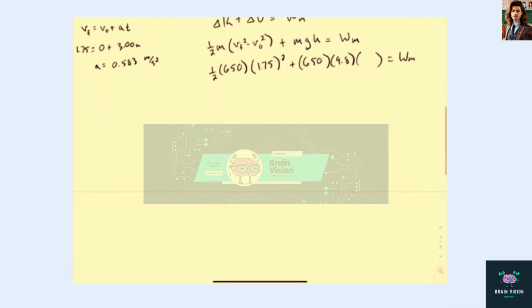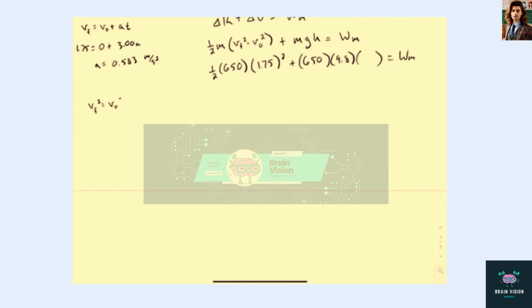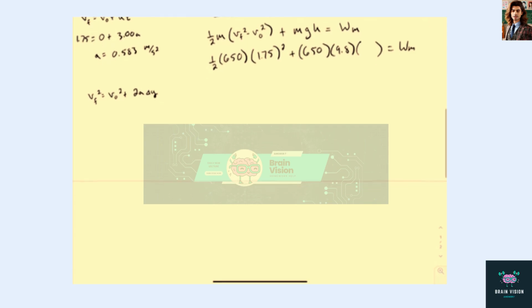And now we want to find the height, so that's just delta y. And I'll do a similar equation, which is Vf squared equals V initial squared plus 2a times delta y. So this is going to be 1.75 squared equals, again, 0 squared plus 2 times 0.583 times delta y.